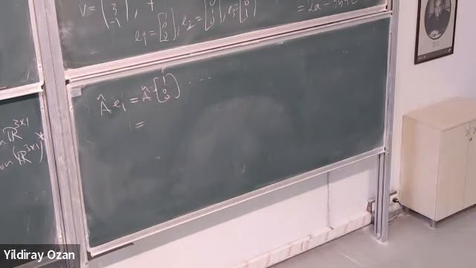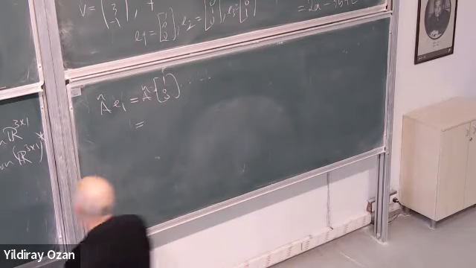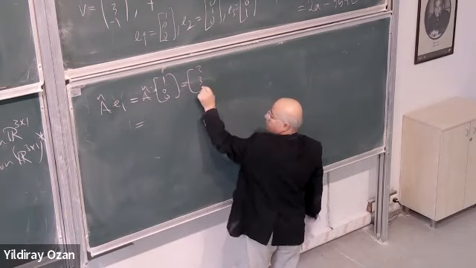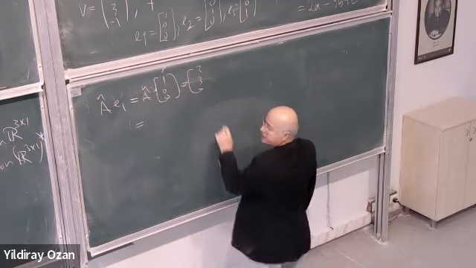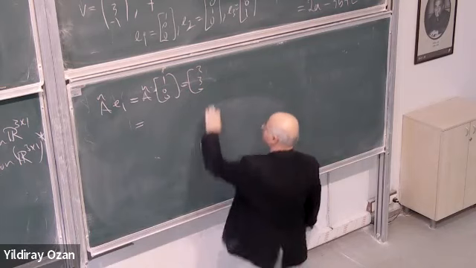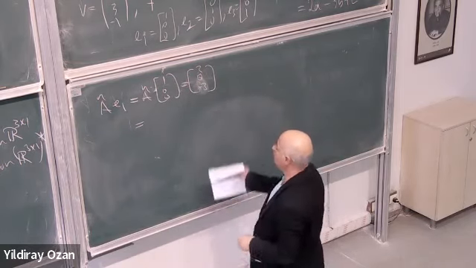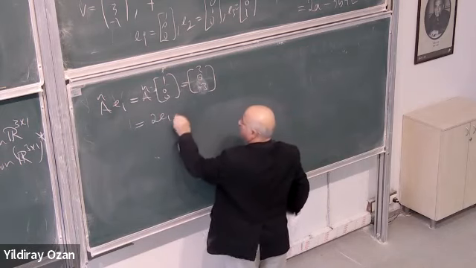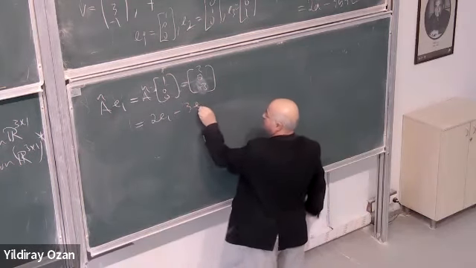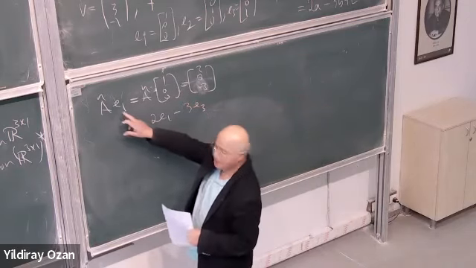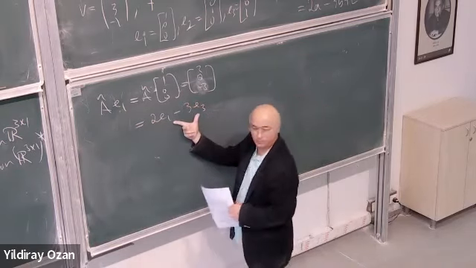So it will be just this column, right? It is just 2, 0, minus 3, sorry. So this is just 2 times E1 minus 3 times E3, right? So when A hat eats this guy, it gives me this.